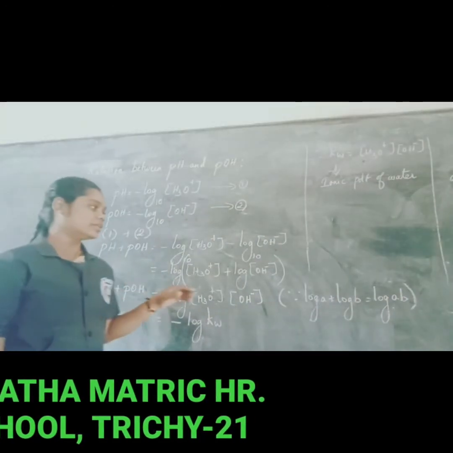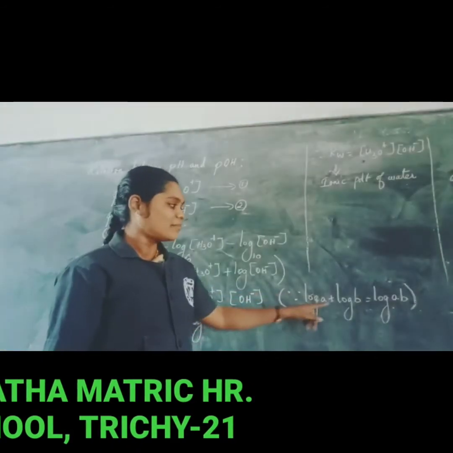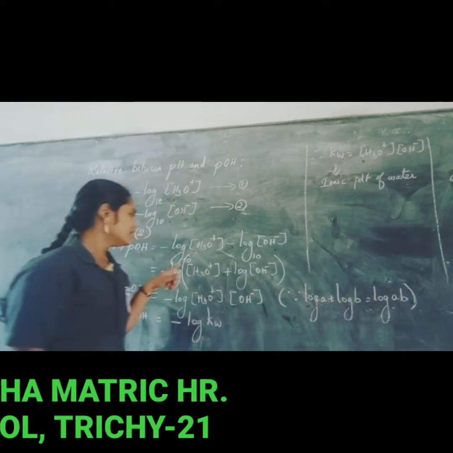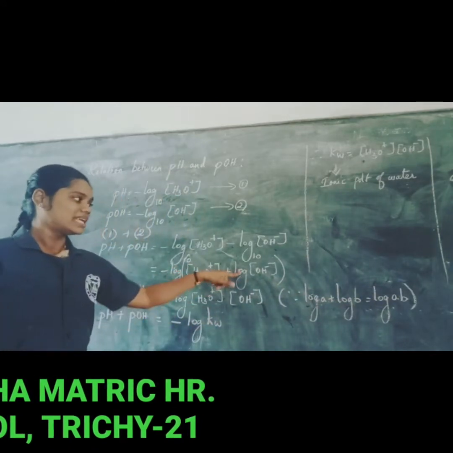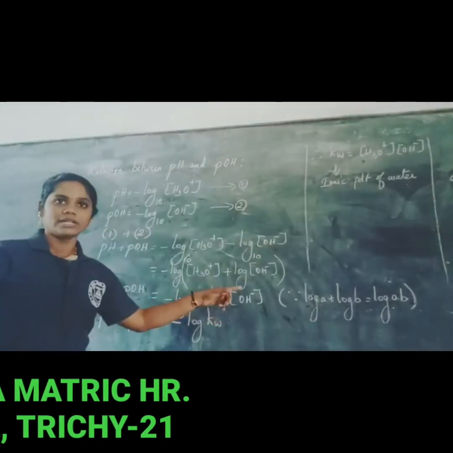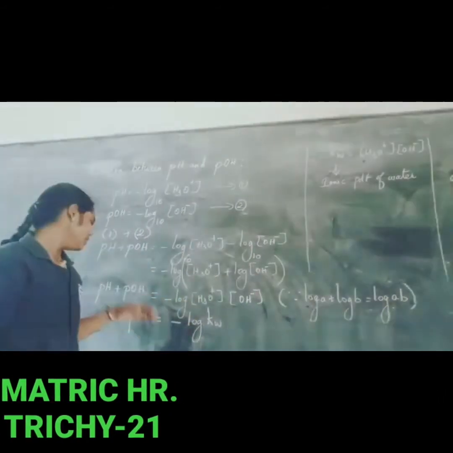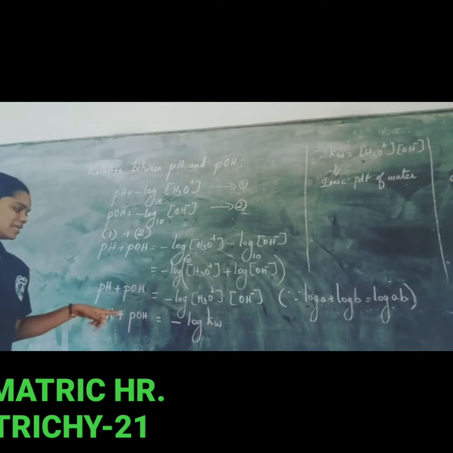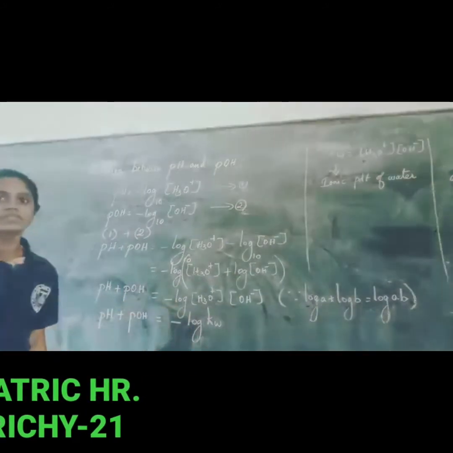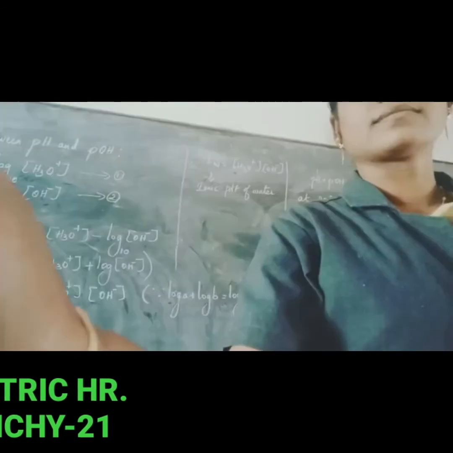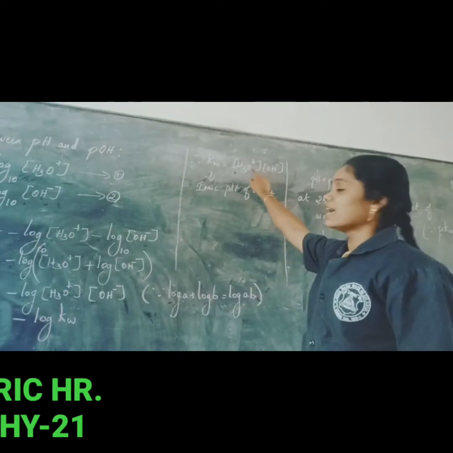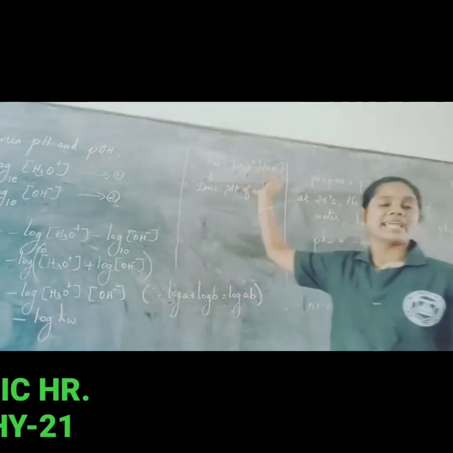Already you know that in maths, log A plus log B is equal to log AB. So log H3O plus plus log OH minus means log of H3O plus multiplied by OH minus. So pH plus pOH is equal to minus log Kw, where Kw is H3O plus times OH minus.